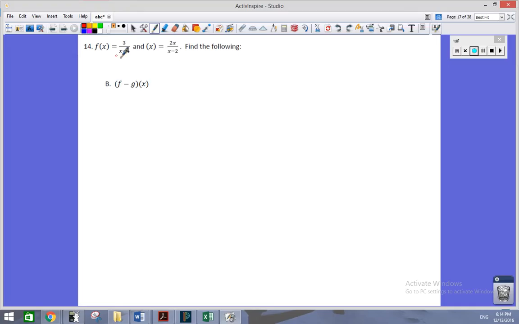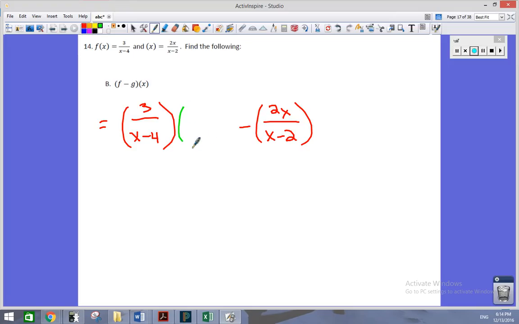All right, so here I want to subtract. So it's the same work, it's the same idea. We've got 3 over x minus 4, and we've got 2x over x minus 2, and we're going to subtract these. So to subtract two fractions, again, we need a common denominator. This denominator is missing a factor of x minus 2, and this one is missing a factor of x minus 4.